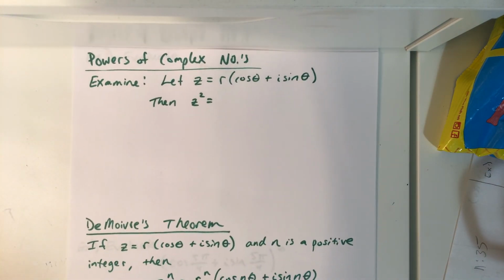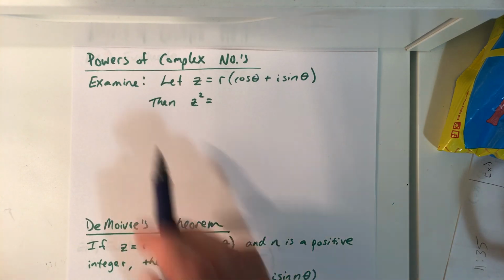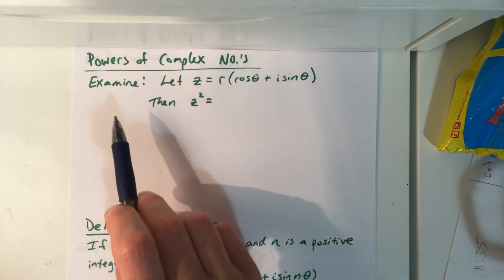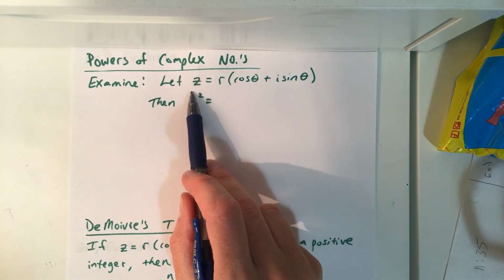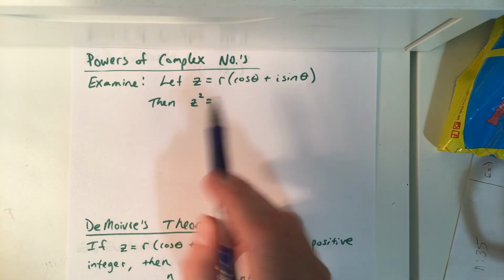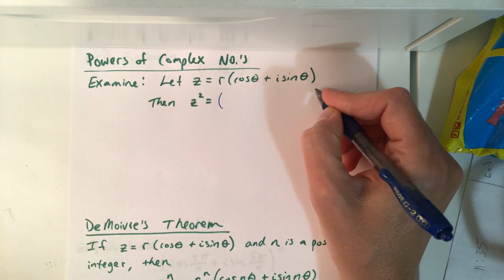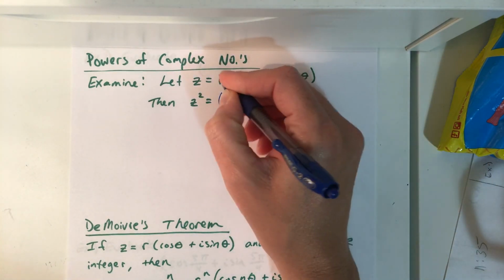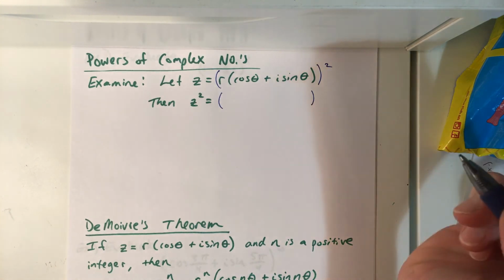The last topic that we're going to cover in this section today are powers of complex numbers. Let's first examine taking a complex number in trig form and raising it to the second power. So we can think about raising this entire side to the second power.